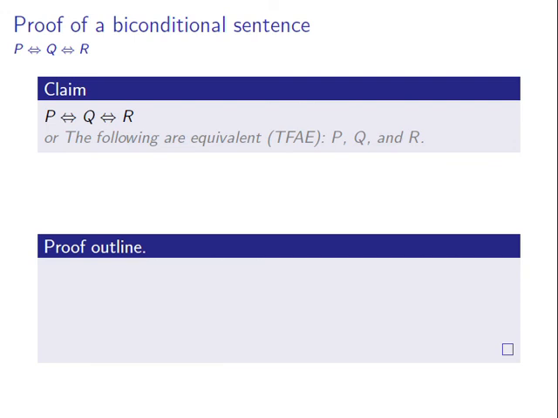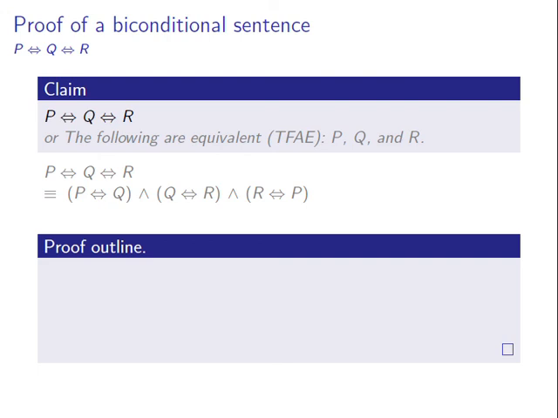Consider a claim of the form P if and only if Q, if and only if R. This can also be stated as the following are equivalent: condition P, condition Q, and condition R. P if and only if Q, if and only if R means that P, Q, and R are pairwise equivalent.